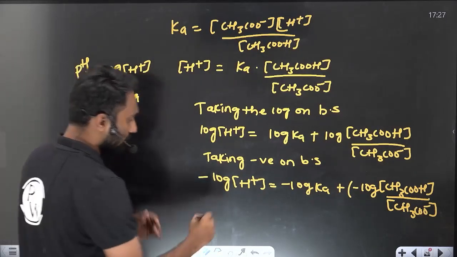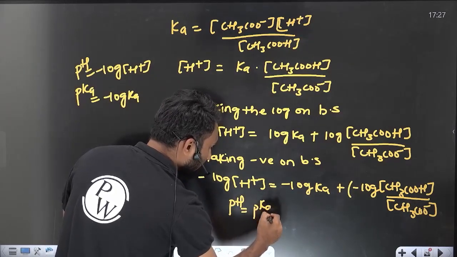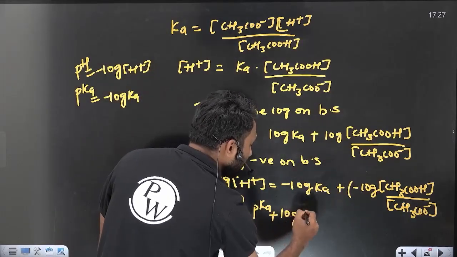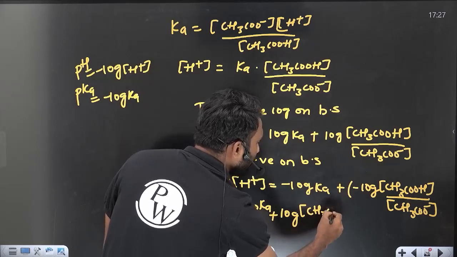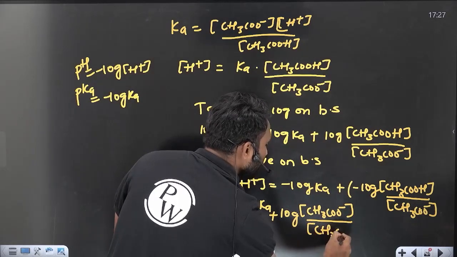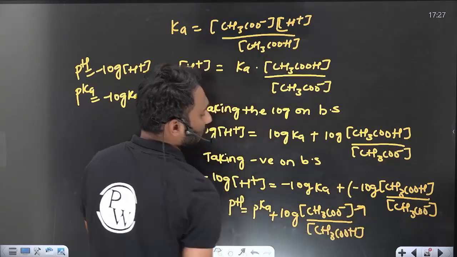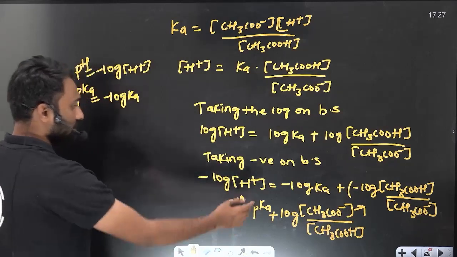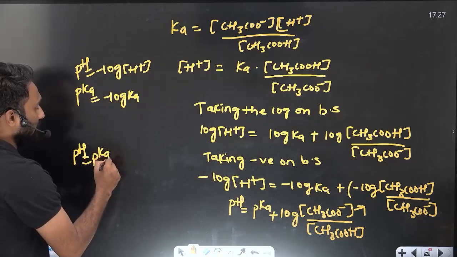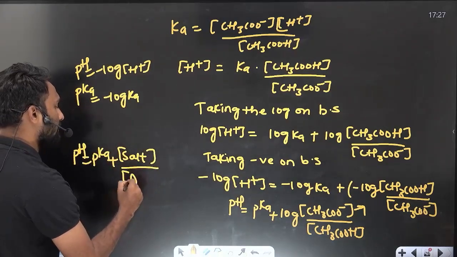Now here pH equals pKa plus, to make it a plus, what I am doing is reversing the ratio: concentration of CH3COO minus by concentration of CH3COOH. Now here this is the concentration of the salt, right? This is the concentration of the salt.